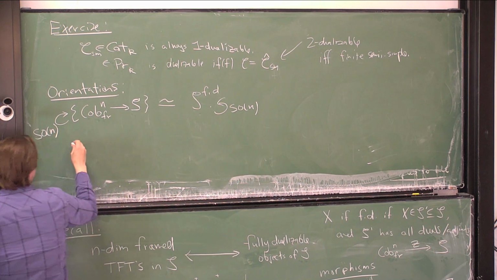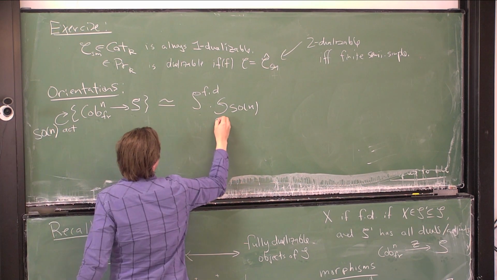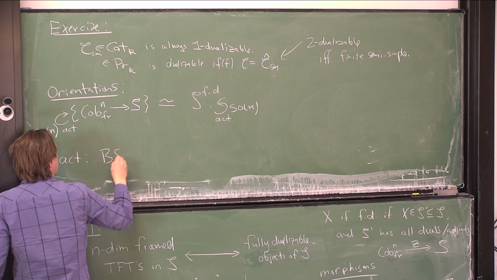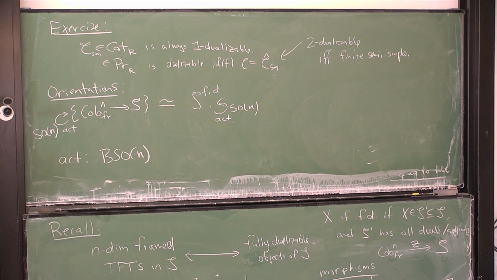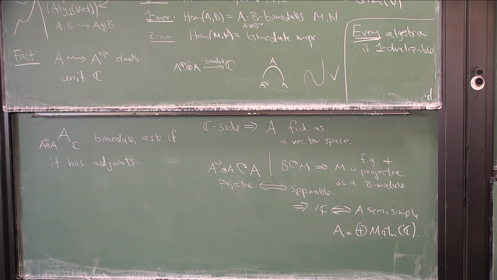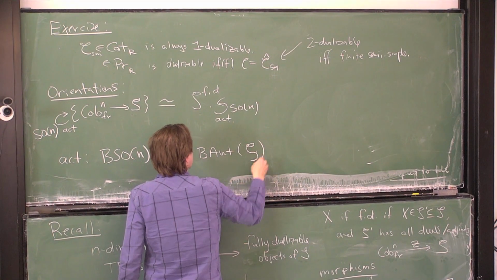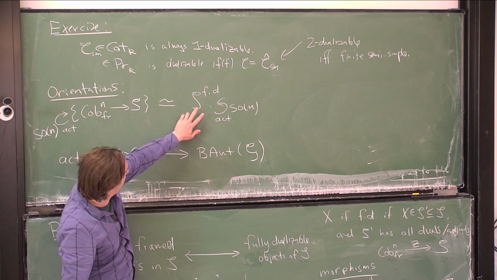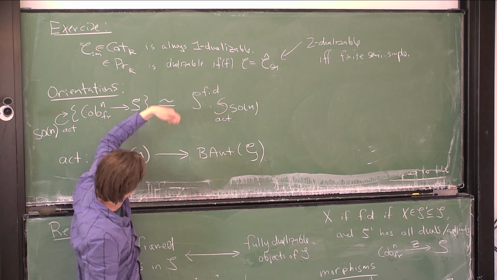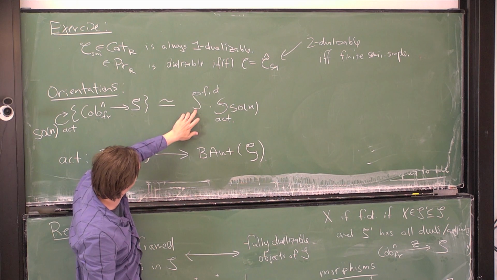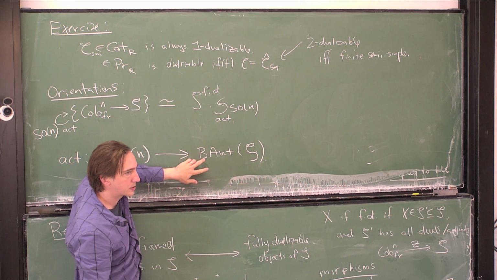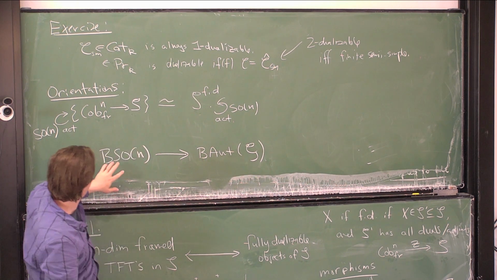This action, which gets equated to this action, is the data of a map from BSO(n), so point mod SO(n) in the homotopy sense, to B Aut of S. So I can talk about automorphisms of objects of S, and I can require that everything is invertible, that I only consider invertible gadgets, and then that's a group, and then I can take its classifying space, and the data that I need to give is a map like this.